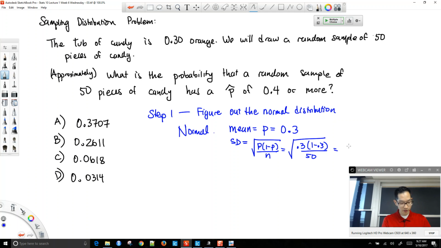And this part was 0.06481. Okay, so this part you have to figure out. Now we did this on the previous slide, so I was hoping that makes it easier. And then step 2 is, solve like a normal problem.